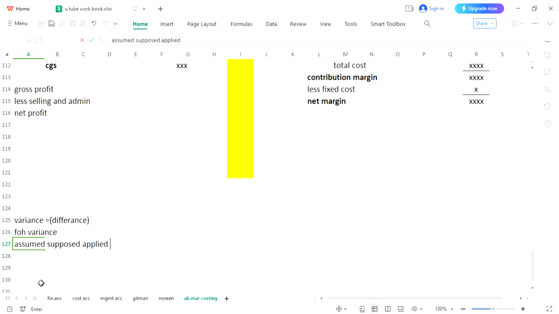This is the specific name which will be used for this type of FH. So this is also called normal FH. Suppose the amount of that FH is 1000 rupees.